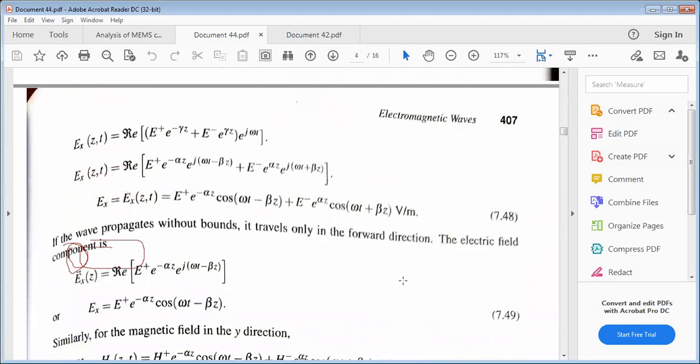That is, Ex of z, t equal to real of V plus into e power minus gamma z plus V minus into e power gamma z, into e power j omega t, just like our transmission lines concept. Ex as a function of z and t, direction and time. So the real part of E into e power. What is meant by gamma here?